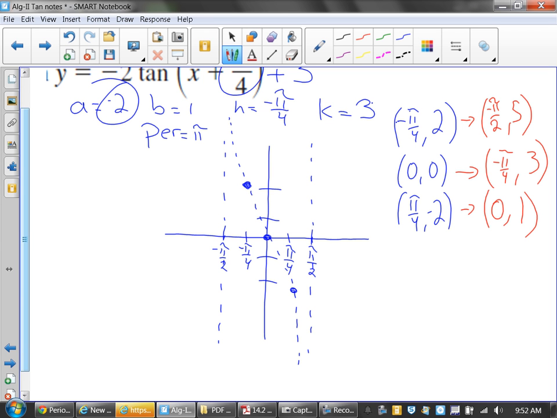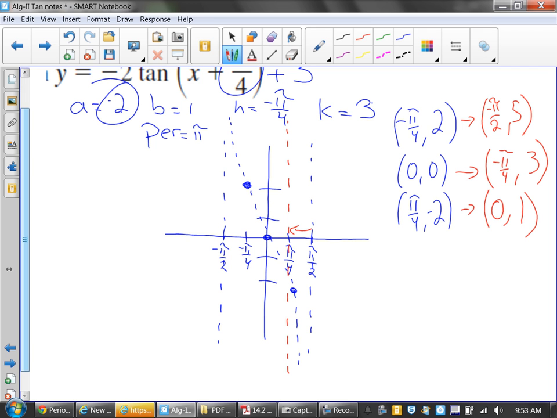When I move this one over, I have to move my asymptotes. If I move my asymptote pi over 4 to the left, where does pi over 2 go? What's pi over 2 minus pi over 4? Pi over 4. What's a half minus a quarter? A quarter. So this just moves over to here. So your new asymptote is here.